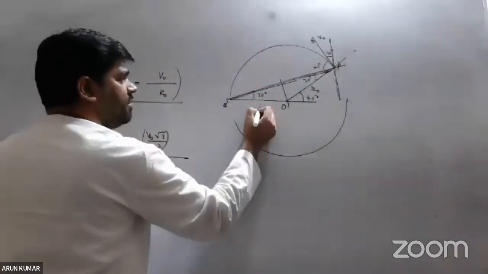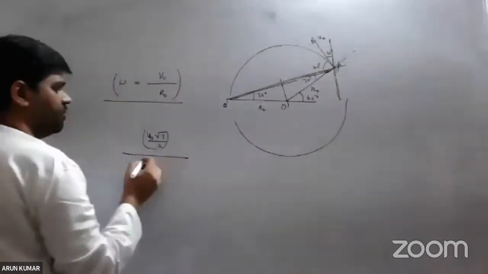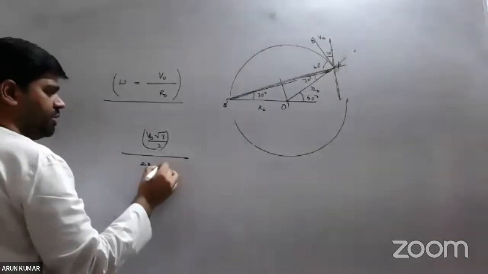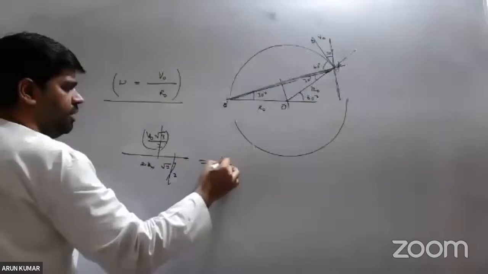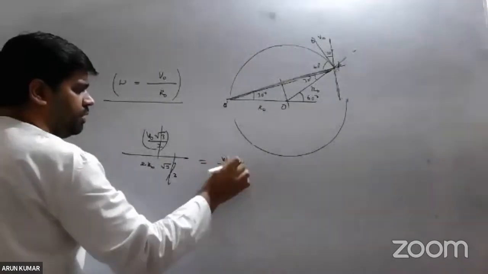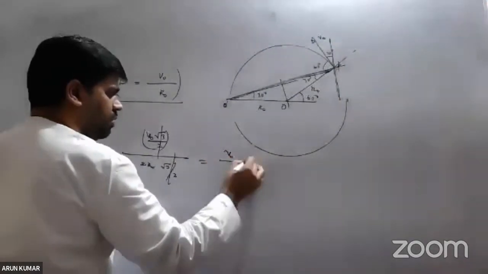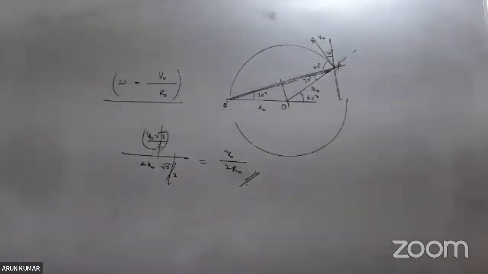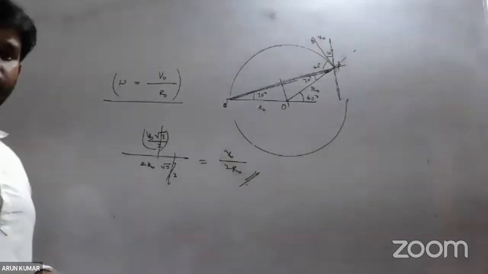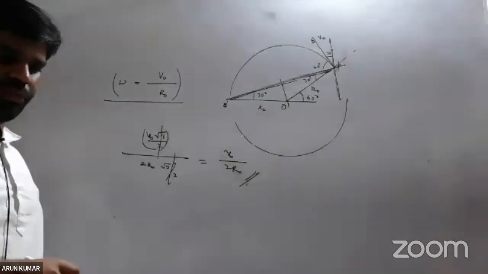If this is R naught cos 30, the distance is 2 R naught cos 30, which is root 3 by 2 times 2R naught. Root 3 by 2 gets cancelled out. I'll get V naught by 2R. So do you understand how to calculate the angular velocity of a point about some other random point, whether the point is moving or not?